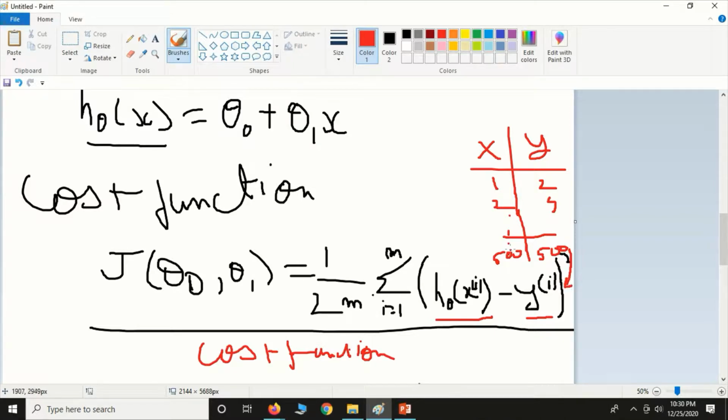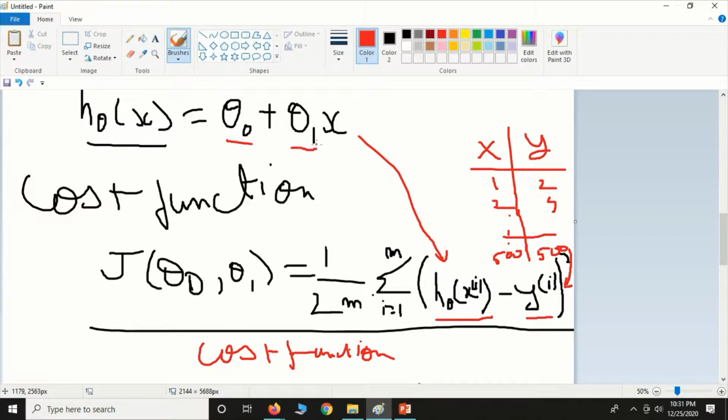The predicted value is h theta x to the power i, and the value which is already given, the data which you are having, is called y to the power i. h theta x to the power i is the prediction value. The difference between these two values must be very low, so that our prediction is highly accurate and the model is working fine.